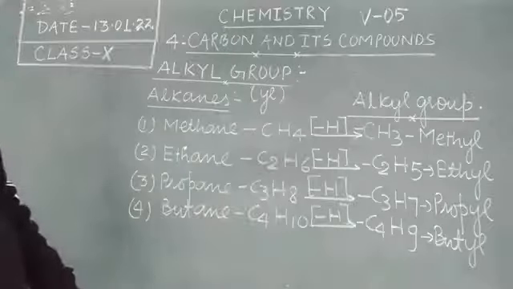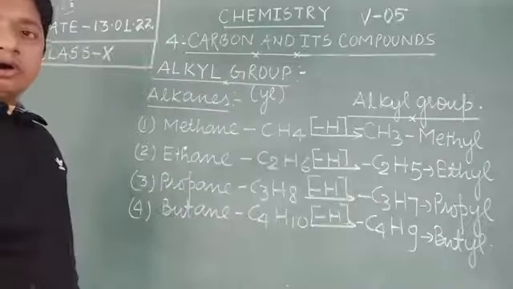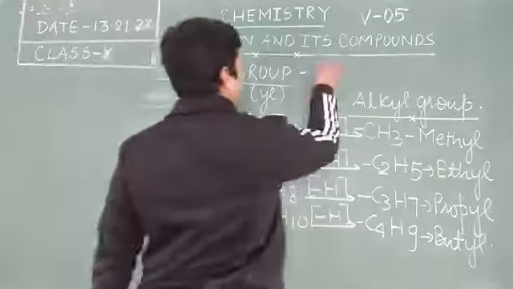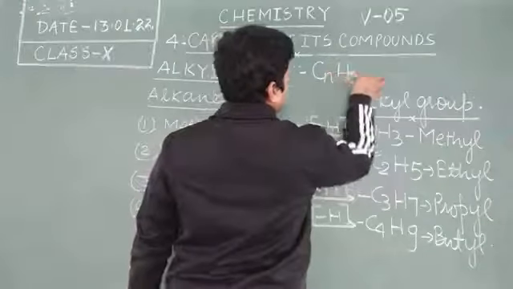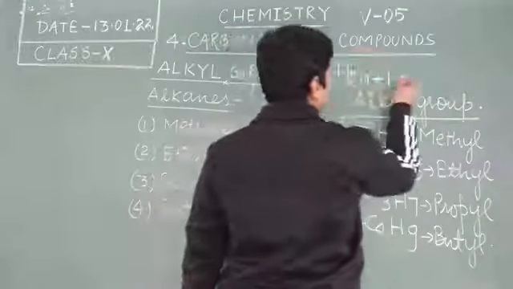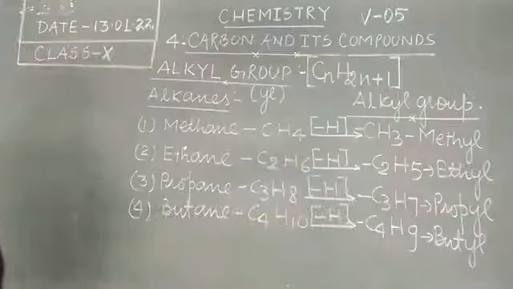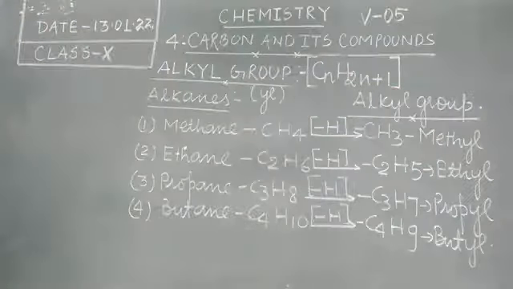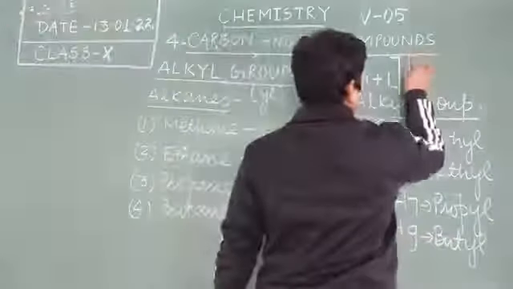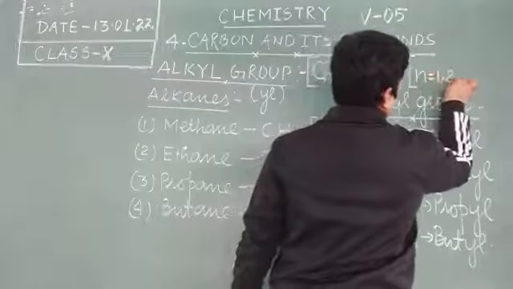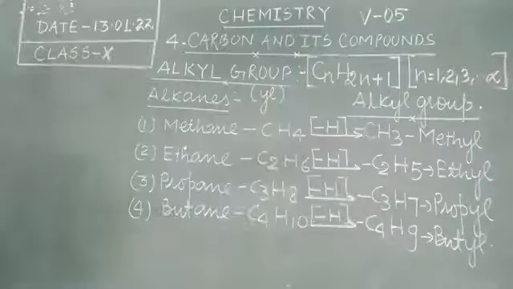What is the general formula of alkyl group? Like alkanes, alkenes and alkynes, alkyl groups also have a general formula. The general formula of alkyl group is CnH2n+1, where n is a natural number.